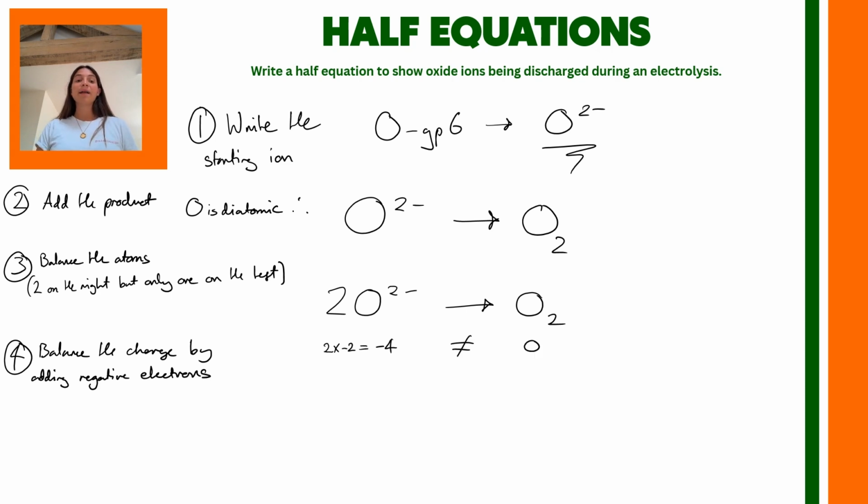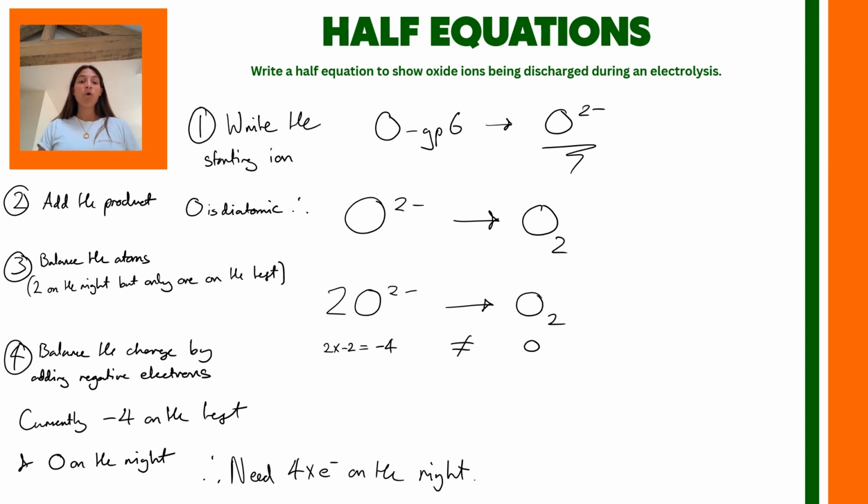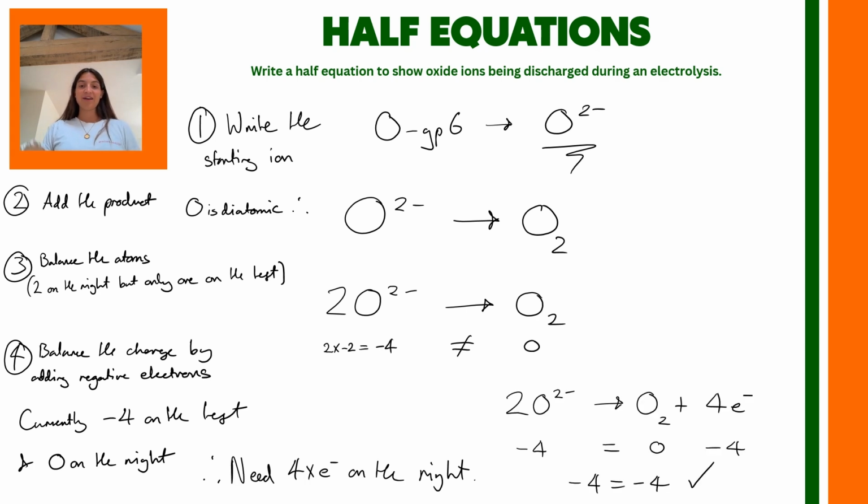Because at the minute, on my left-hand side, I've got 2 of these oxide ions, and they've got a charge of -2. So overall, I've got a charge of -4. And on my right-hand side, I've got a charge of 0. So I need to add 4 electrons to the right-hand side so that I add that 4 negative charges to my right-hand side, and then my left-hand side has the same charge as my right-hand side, and I'm all done here.